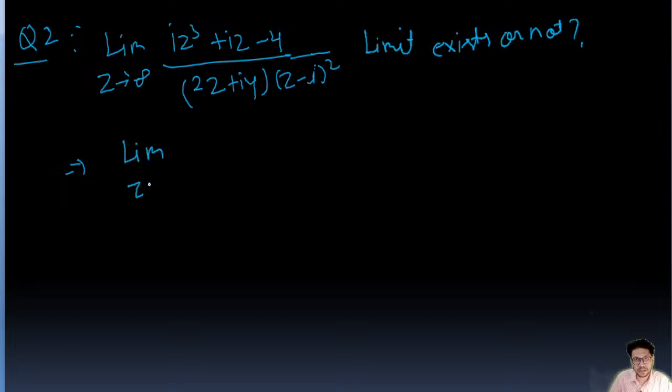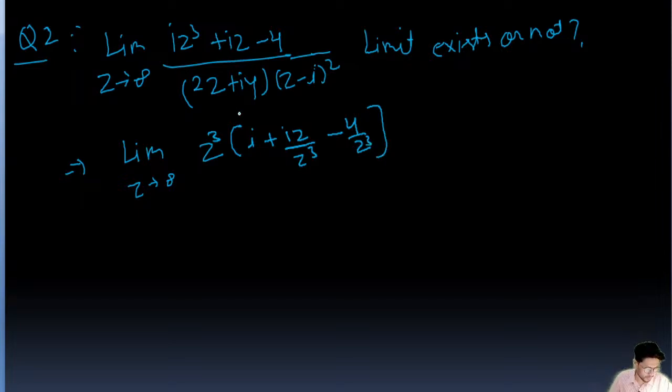So limit z tends to infinity. Here we can take z cube common in the numerator. So this is going to be i plus i z upon z cube minus 4 upon z cube, right? We have taken this common.